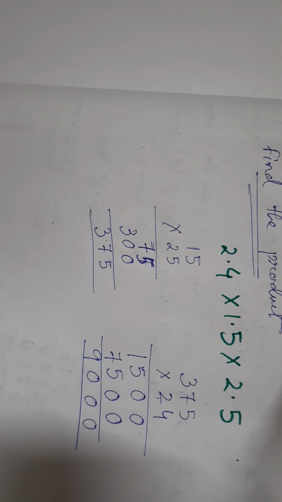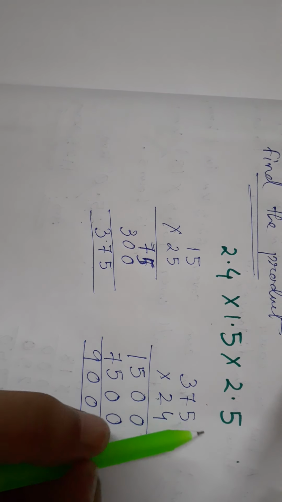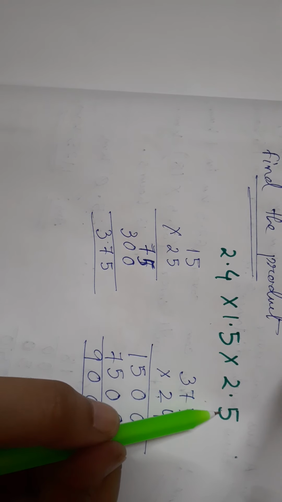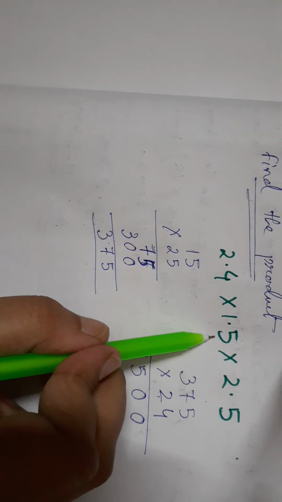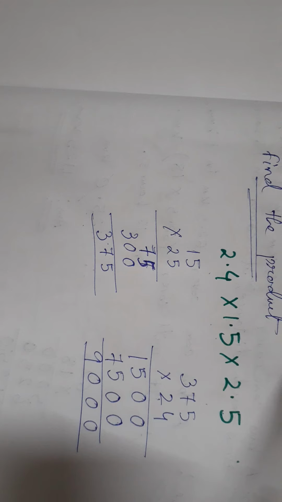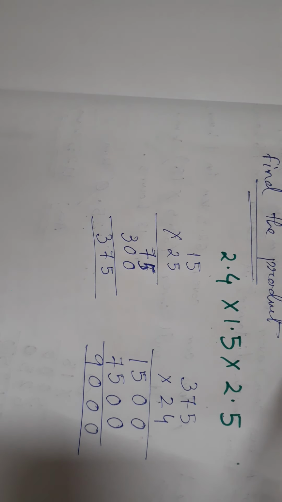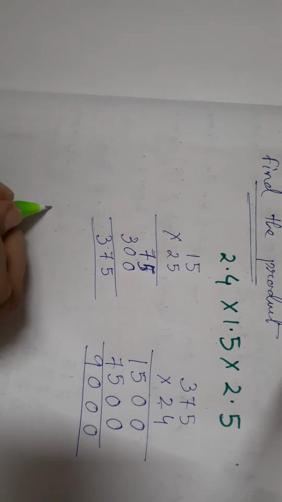So we will do the sum of all places. Sum of all places means here the places is only 1, here also 1, here also 1. So the sum of all places is 1 plus 1 plus 1, that means 3. So ultimately when you write down the answer, we need to place our decimal point in front of 3 numbers.